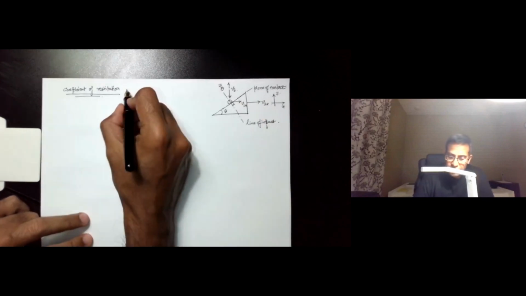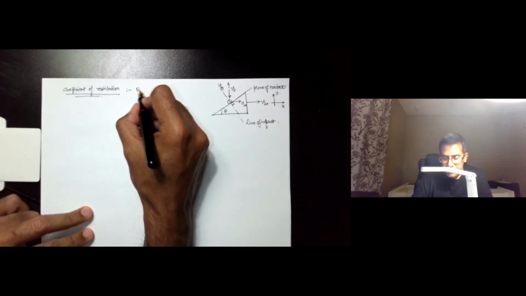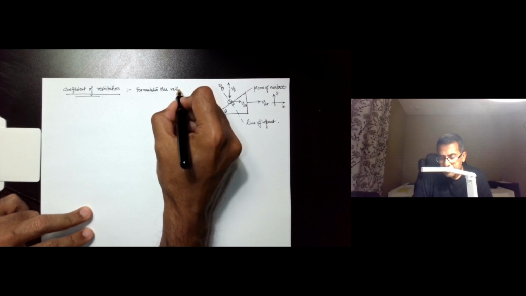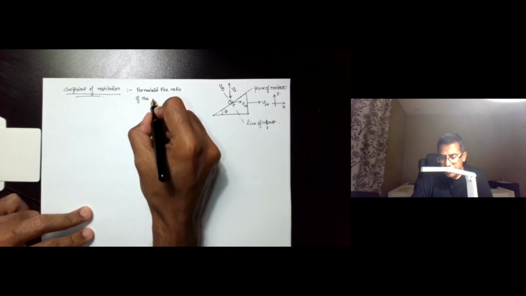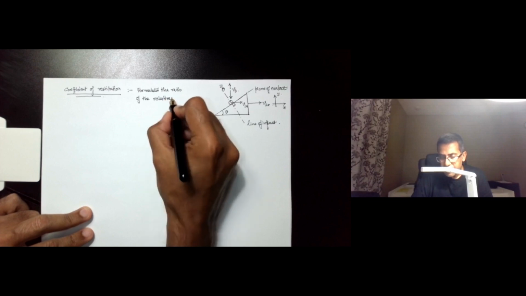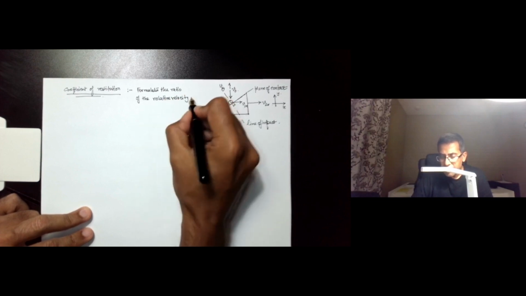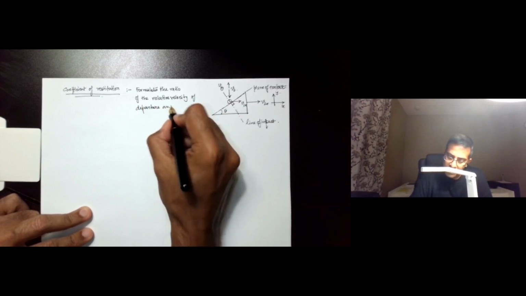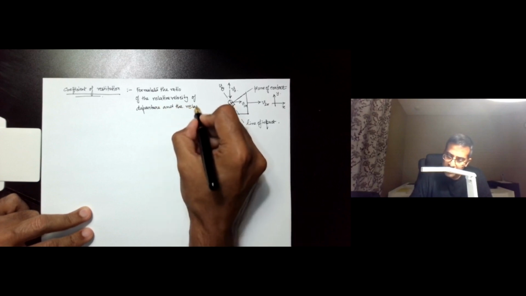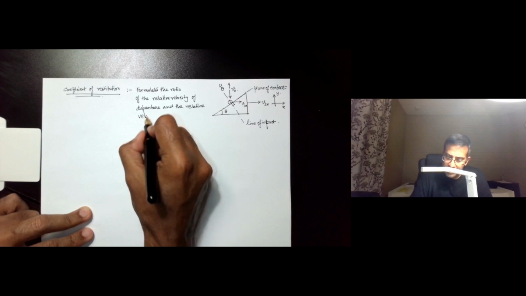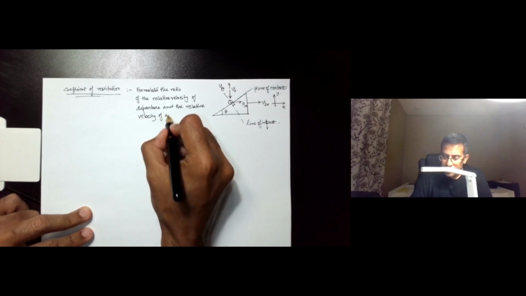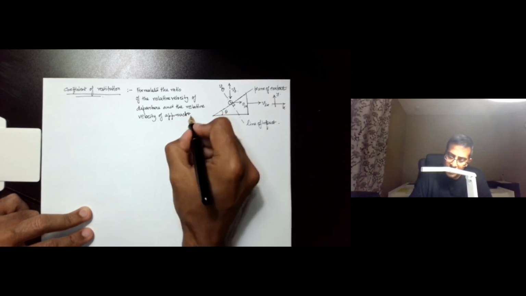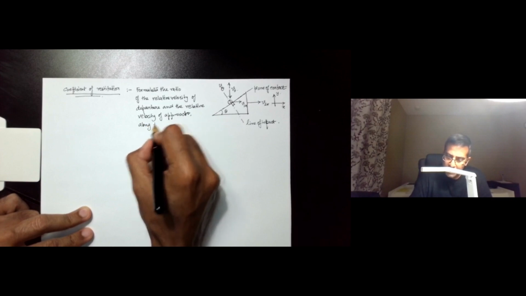So the coefficient of restitution formulates the ratio of the relative velocity of departure and the relative velocity of approach along the line of impact.